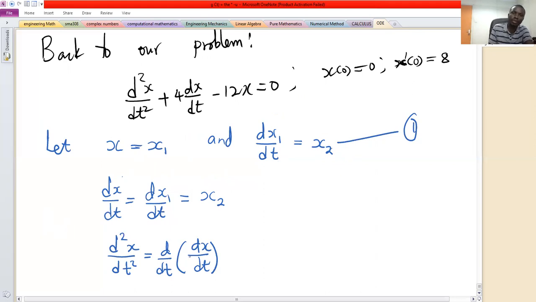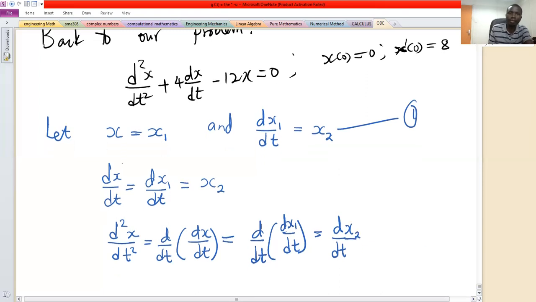So where there's dx dt, you replace by x2, and dx1 dt differentiated again is d dt of x2.